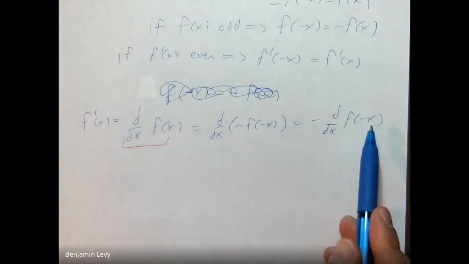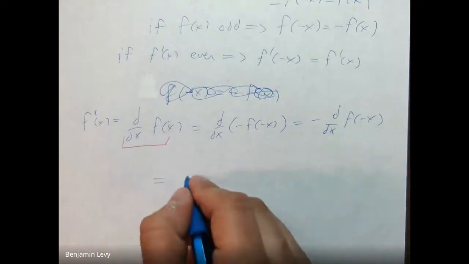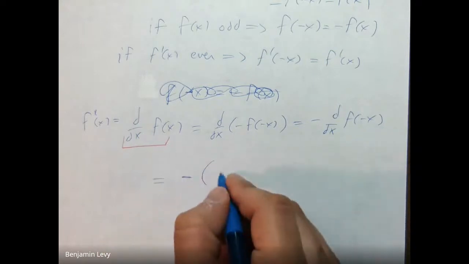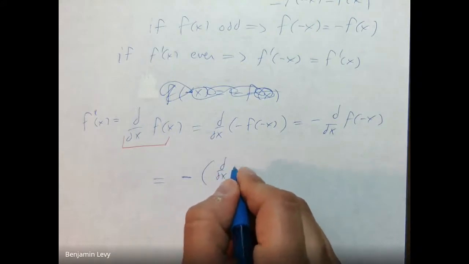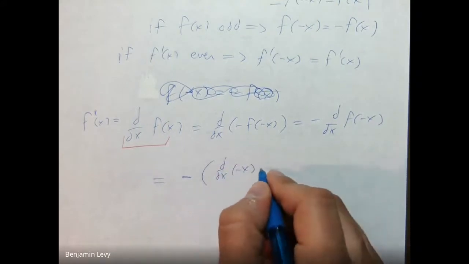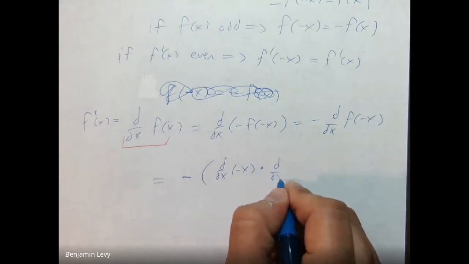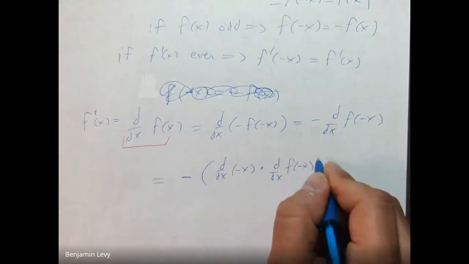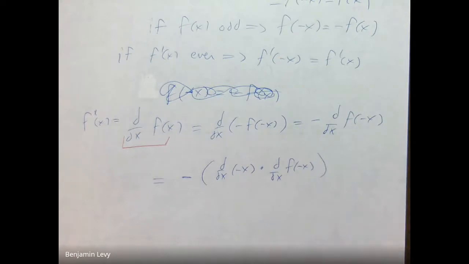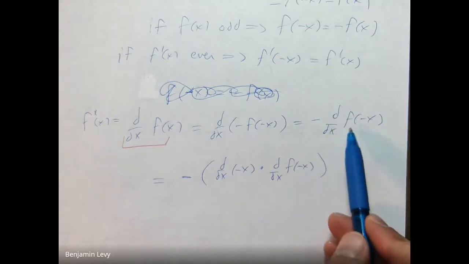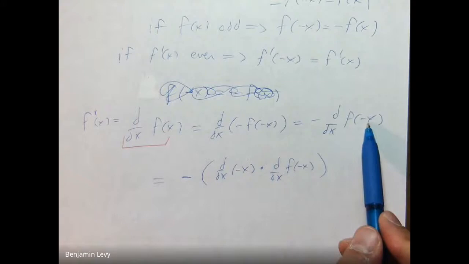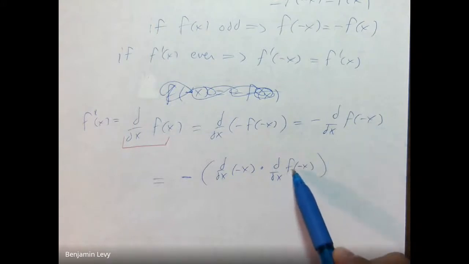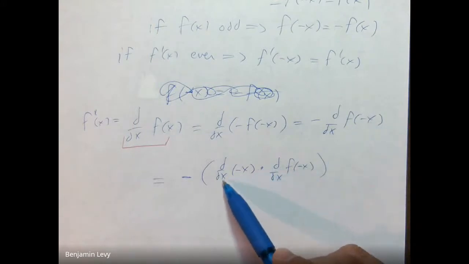So this becomes minus the derivative of the inside piece times the derivative of the outside piece. That's the definition of the chain rule: when you have a function with something inside of it, you take the derivative of the outside function, but then you multiply it by the derivative of whatever's inside.